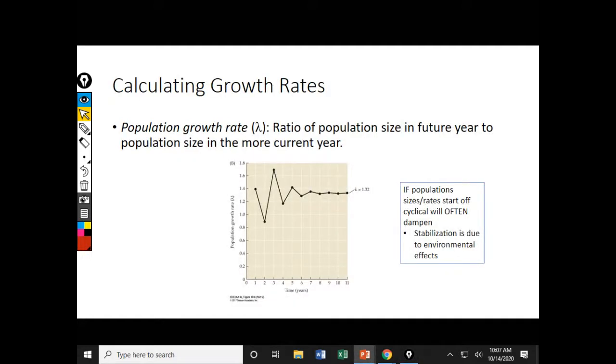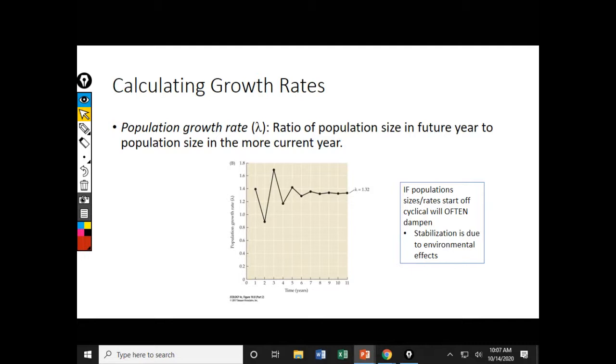Okay, so as we look at these, our core concept here, even when we're looking at life tables, was implicitly understanding growth rates. How is a population changing or growing from year to year, right?